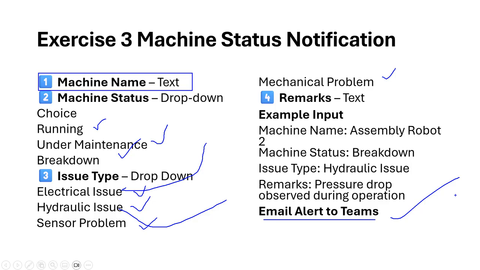Third parameter is also a drop down. Fourth parameter is just remarks. Then I will tell you how to send the email alert to the teams. That part I will explain. First create the parameters.